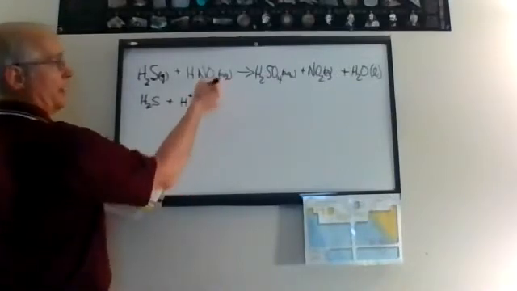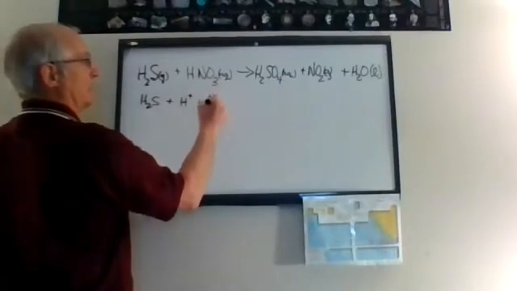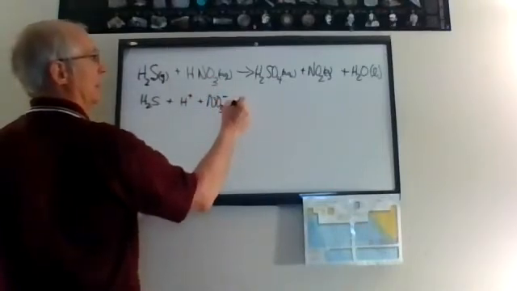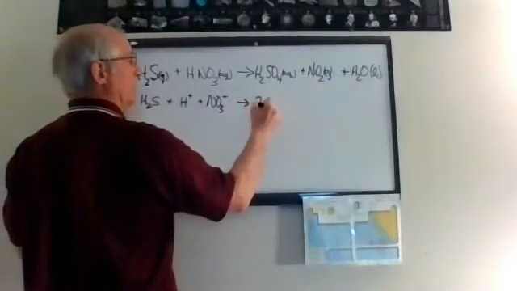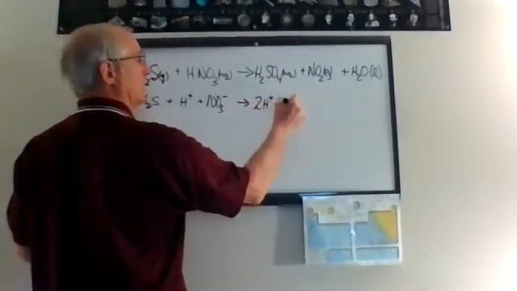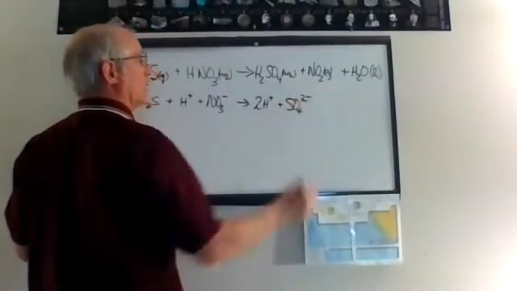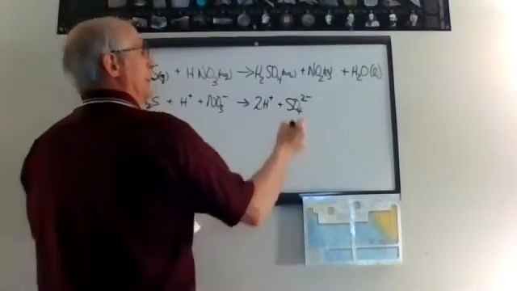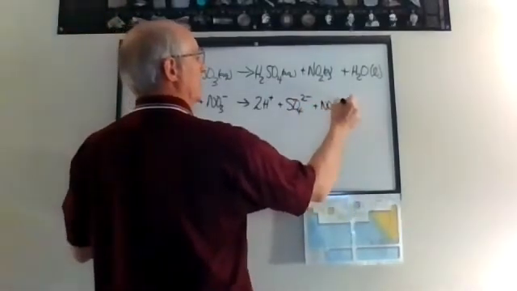And I'm not going to write aqueous, I'm just going to do this for simplicity. Nitrate ion. And you're going to get 2 hydrogen ions and a sulfate ion. And you're going to get nitrogen dioxide and water.